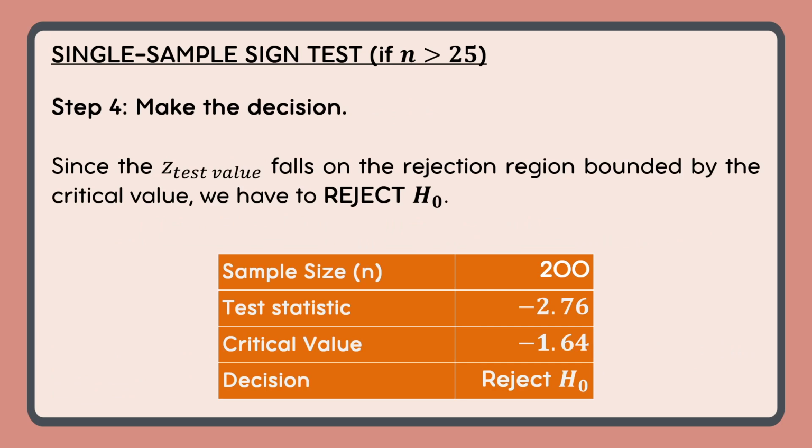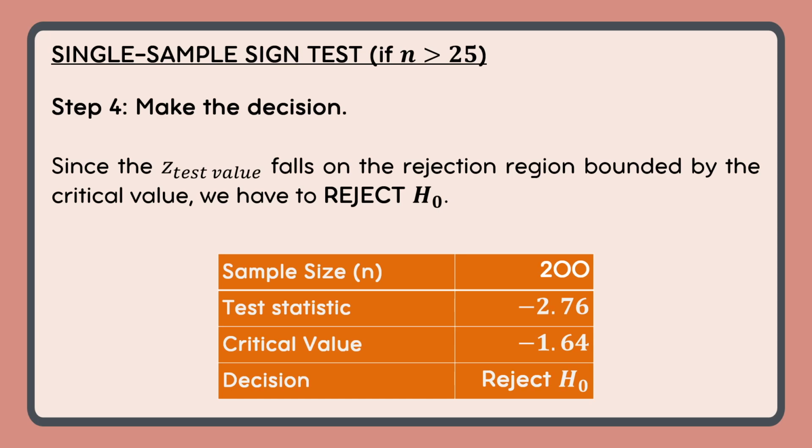Step 4, we will make the decision. Since the z-test value falls on the rejection region bounded by the critical value of negative 1.64, as stated earlier, any value which is less than the critical value of negative 1.64 means that we will reject the null hypothesis.